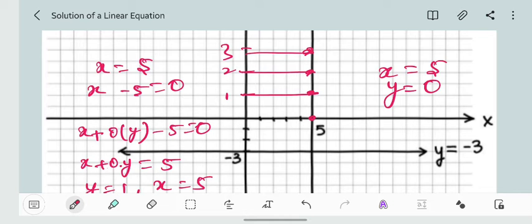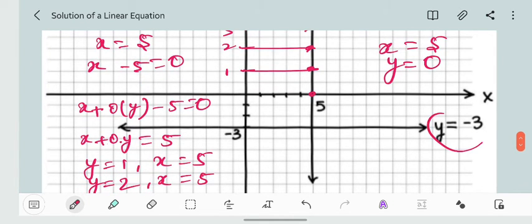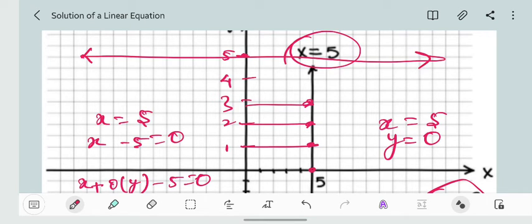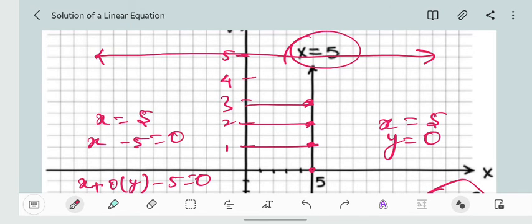For parallel to the x-axis, y equals minus 3 they have taken. You can take y equals 5 also. The line will be parallel to the x-axis at point number 5. Say it is point number 5 here. So it will be parallel from here to here. It will look like this.